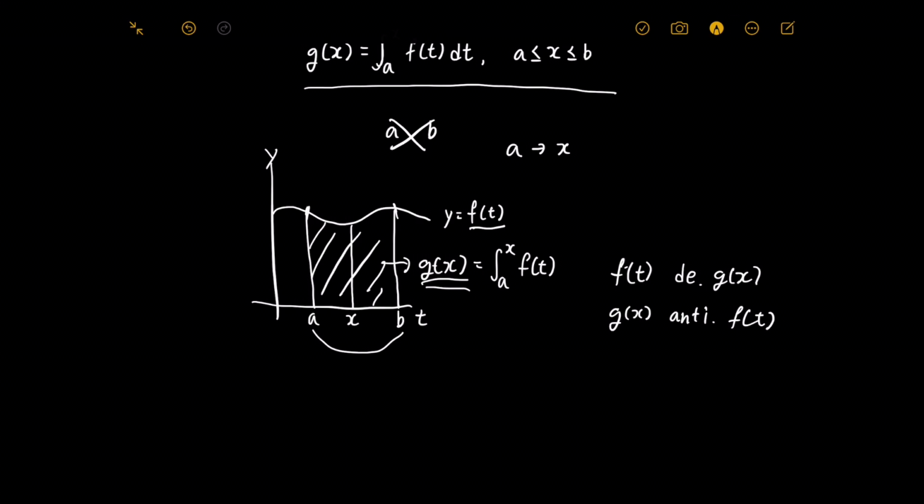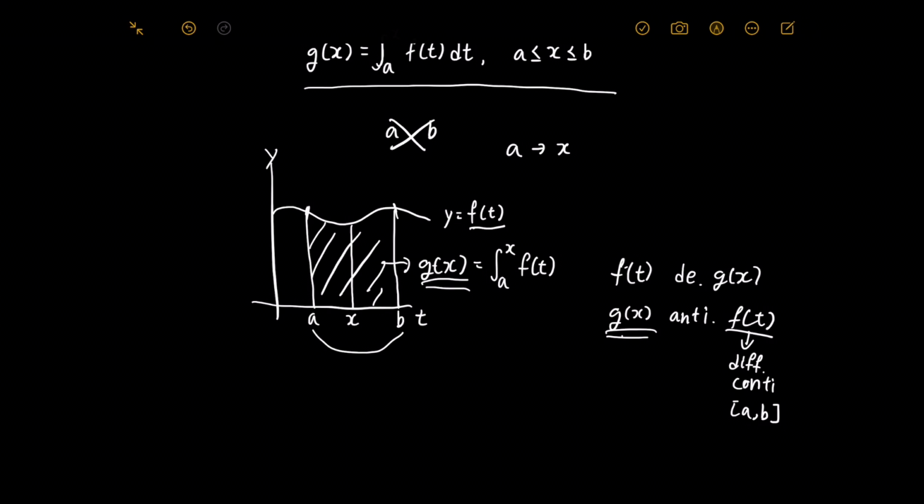And f of t is differentiable and continuous on the interval from a to b. Now, you have to get f of t when you take the derivative of g of x.